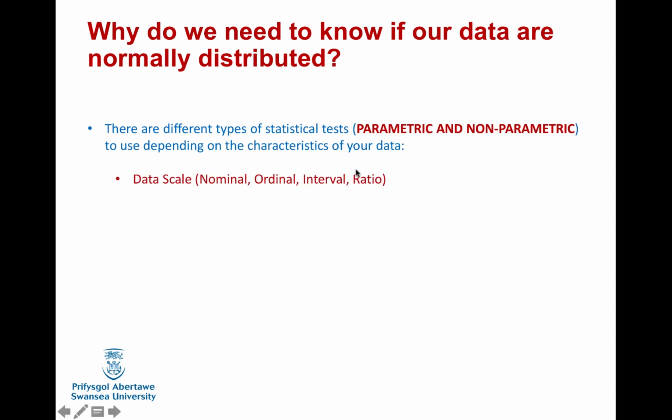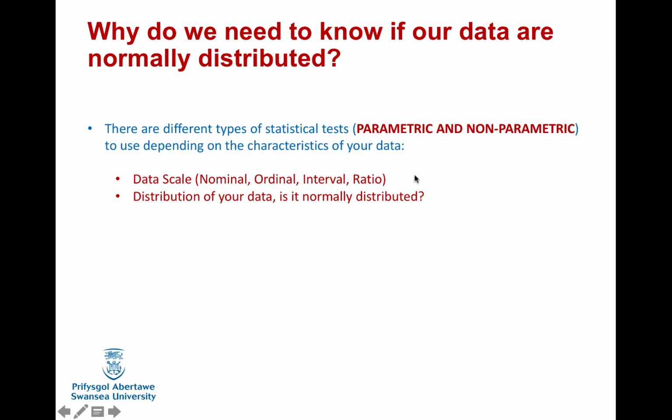The first of these is the scale of our data. So remember in lecture 1 we talked about different data scales and the definitions of those. So we have to know which type of data we're looking at. We have to know the distribution of our data. Is it normally distributed? That's really important.